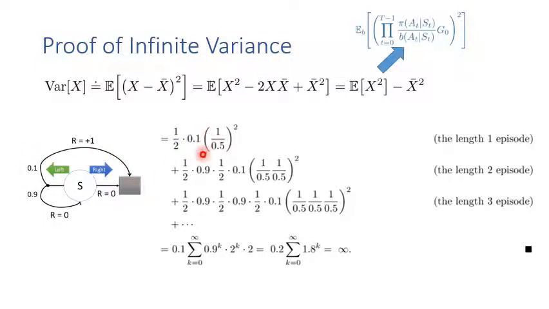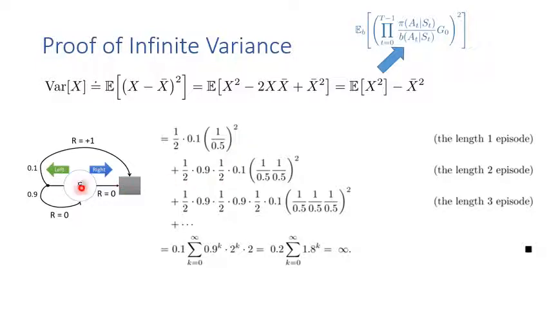So this is our value. Then we calculate the variance using the importance sampling, using the relative probability of the target and behavior policy. So this is the first episode.